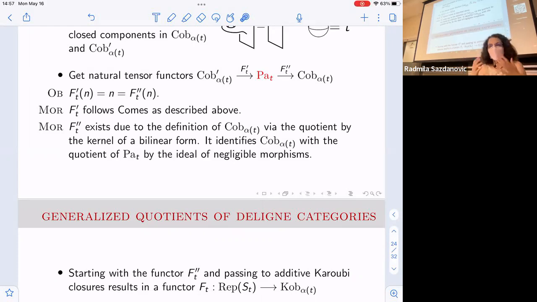In general, the definition of a negligible morphism is if you compose it with anything else and you get the trace to be 0, then it's negligible and you should forget about it. So you only keep things that no matter what you compose them with, you don't get a 0. Khovanov calls them negligible morphisms. Right? Yeah.